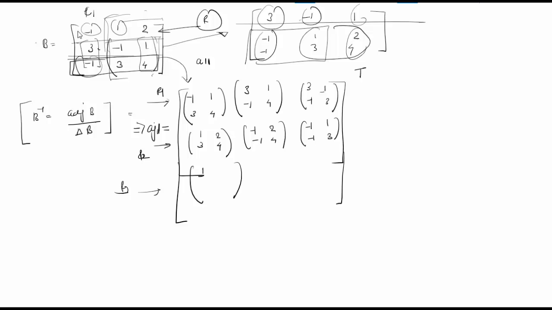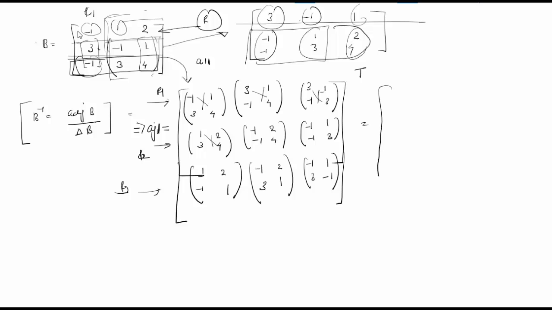So it will be 1 minus 1 2 1 and minus 1 3 and 2 1 and minus 1 3 and 1 minus 1. So when I am solving for this, I will have to multiply this and add, multiply this and add, multiply this and add.